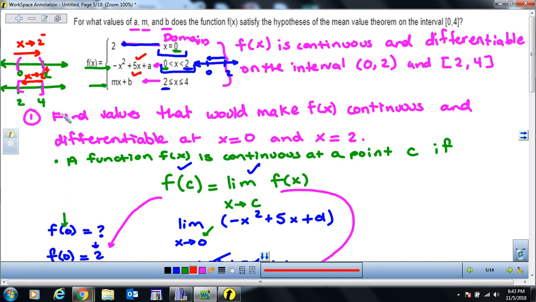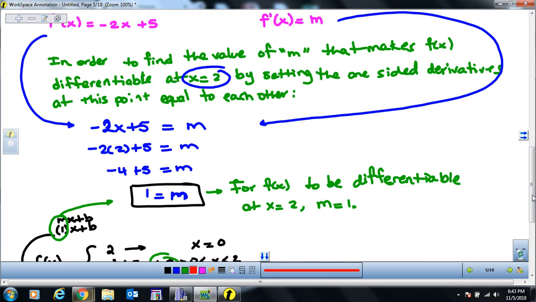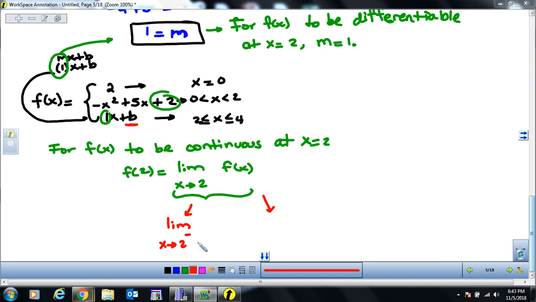Approaching 2 from the negative side would be this first one right here, so you're going to be using negative x squared plus 5x plus 2.